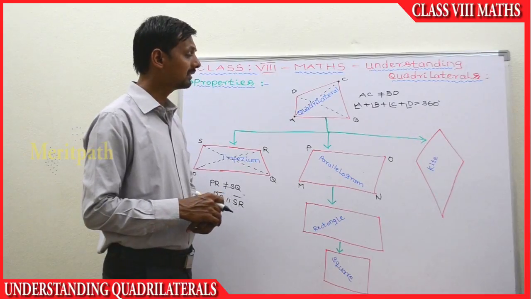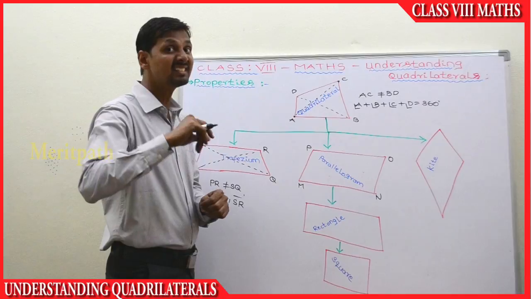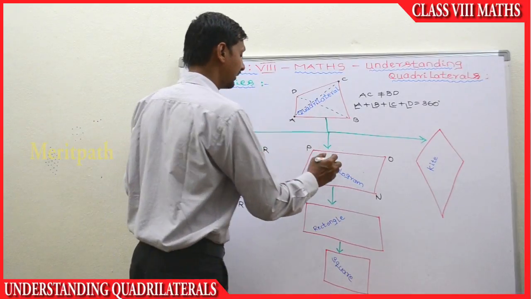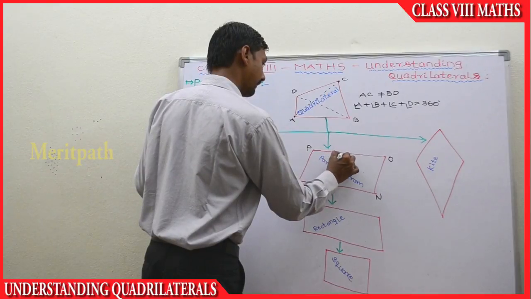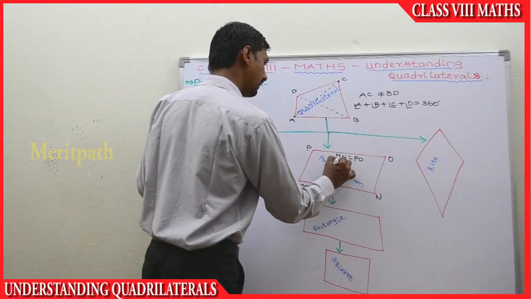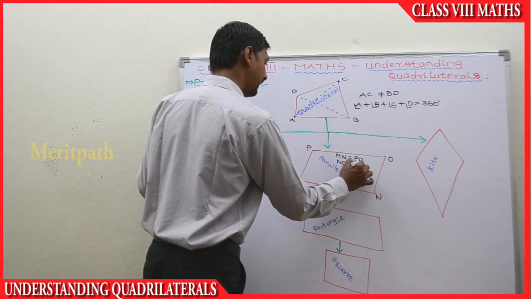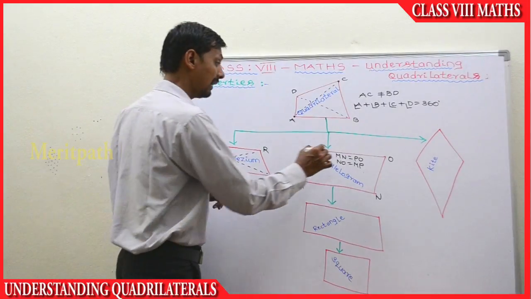And we take the sides of the parallelogram. Opposite sides are parallel and equal. Let's write here: MN is equal to PO. So opposite sides are parallel and equal.